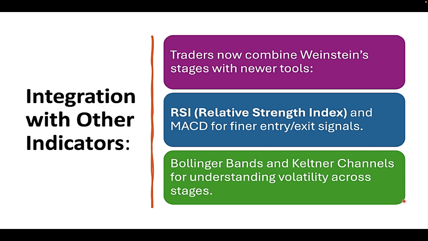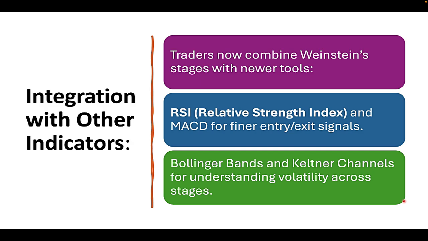So you are not only going to use these three indicators, that is moving average, volume, and RS. You are free to use other indicators with stage analysis. People now use RSI, which is a momentum indicator.